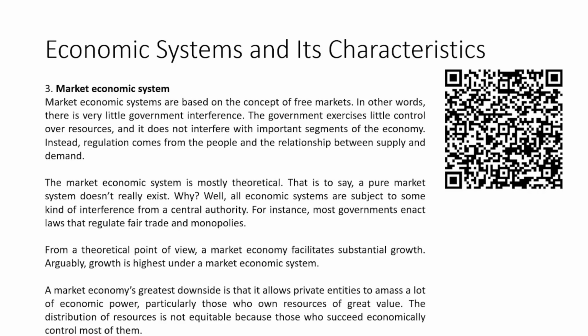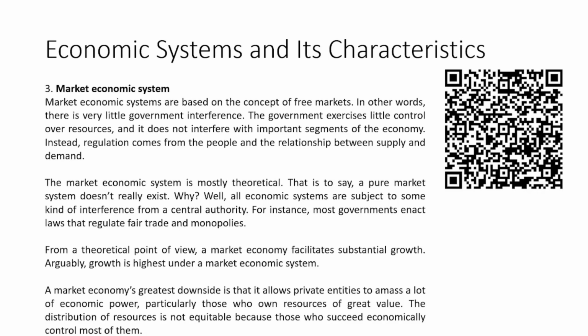The market economic system is mostly theoretical. This is to say that a pure market system doesn't really exist. Why? Well, all economic systems are subject to some kind of interference from a central authority. For instance, most governments enact laws that regulate fair trade and monopolies.